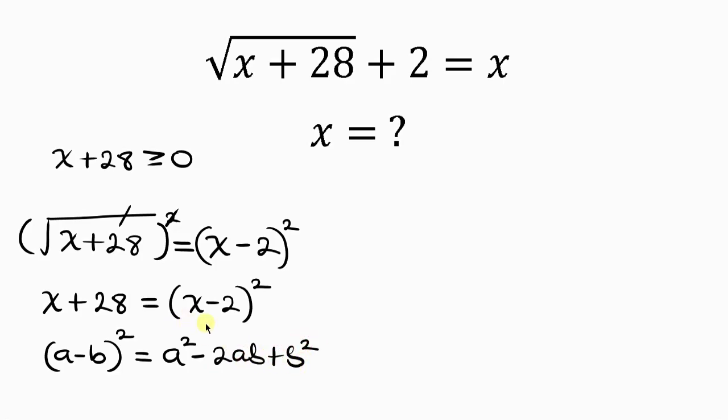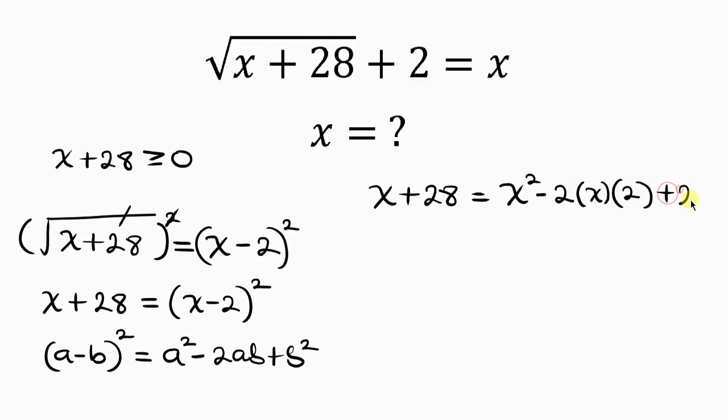So we have x plus 28 equal to x squared minus 2 times x times 2, plus 2 squared.